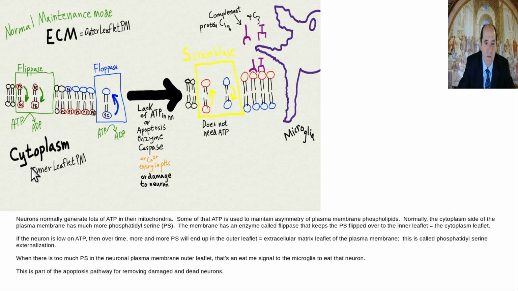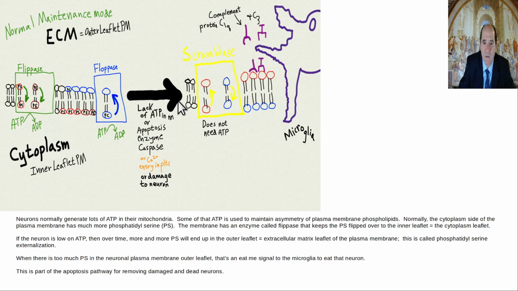Okay, if the cell does not have enough energy, it can't maintain phosphatidylserine flipped to the inner leaflet of the plasma membrane, and that's a problem. Excuse me. Phosphatidylserine, when it gets flipped into the outer leaflet, that's a big neon sign saying, eat me. So the microglia, the macrophages of the brain, the guard cells of the brain, will come and eat that neuron.